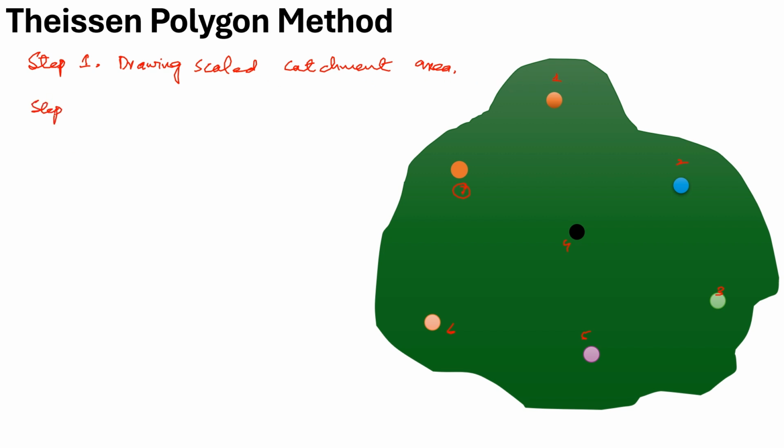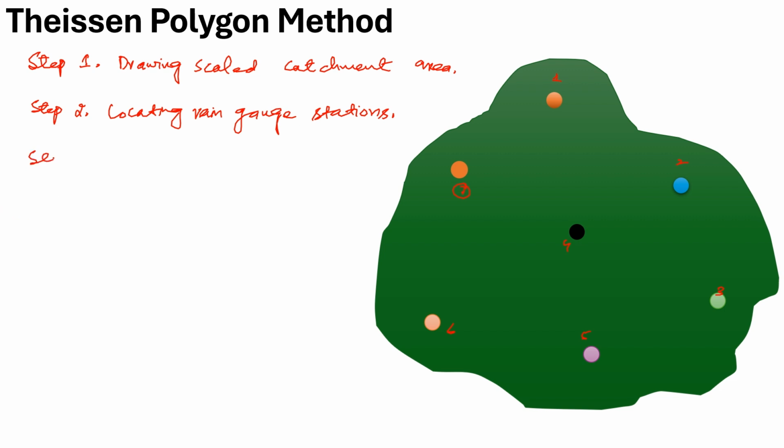Step 2 will include locating rain gauge stations over the catchment. There may be a number of rain gauges installed over this catchment area for the measurement of precipitation. So we will locate all the rain gauges as per their latitude and longitude, or as per their coordinates.